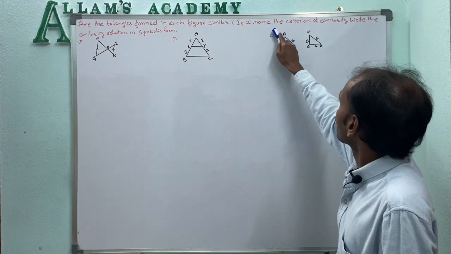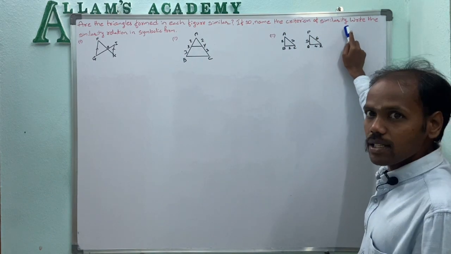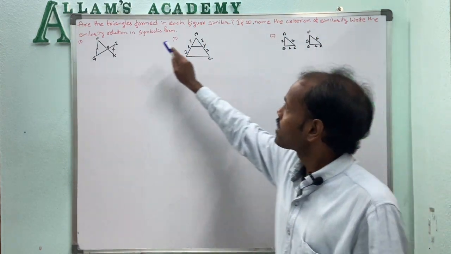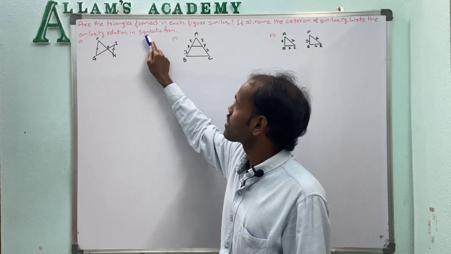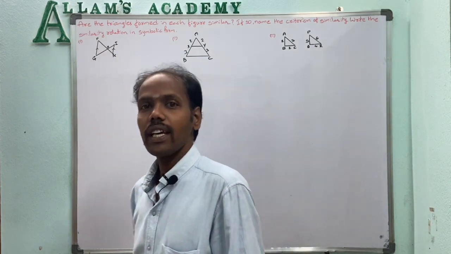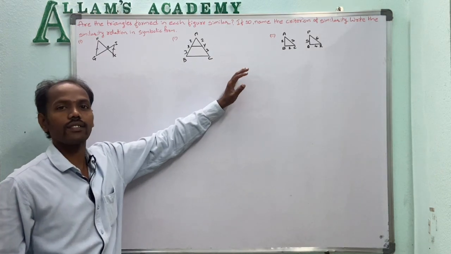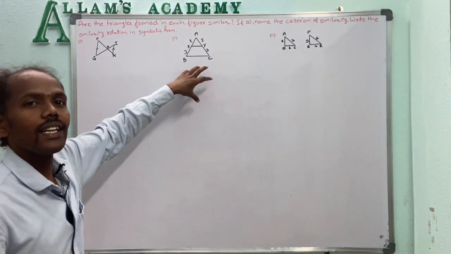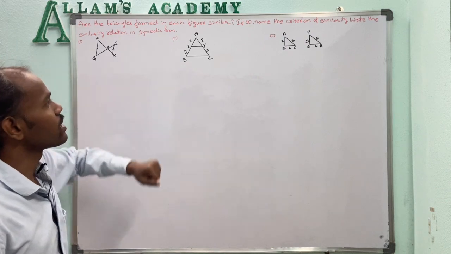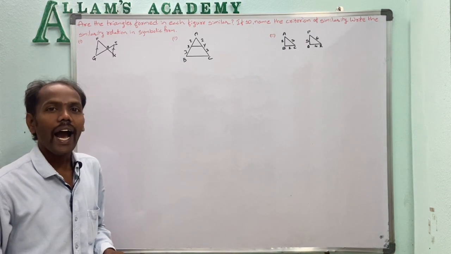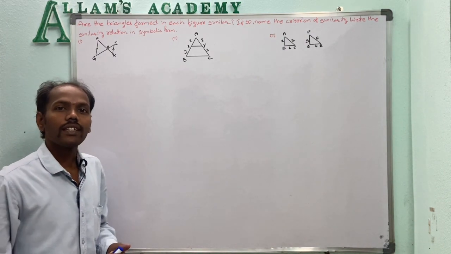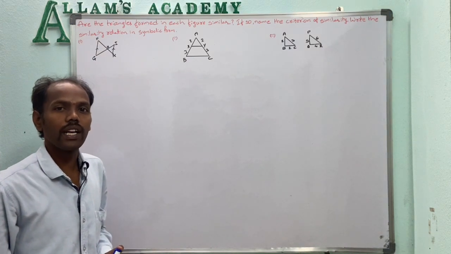If so, name the criterion of similarity and write the similarity relation in symbolic form. So whether the given triangles are similar or not is asked. If they are similar, then state their similarity property and show that similarity in symbolic form.